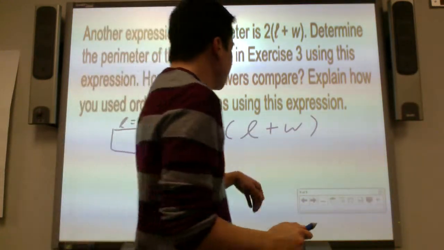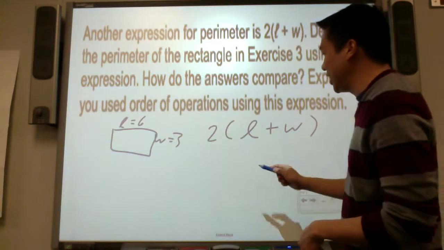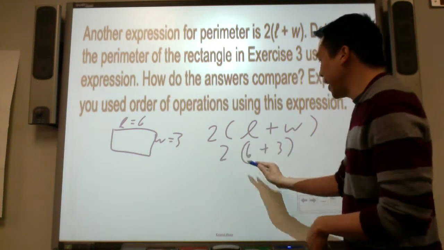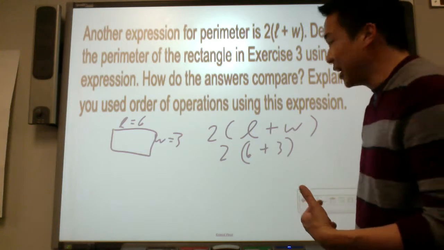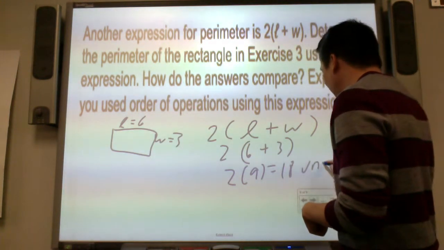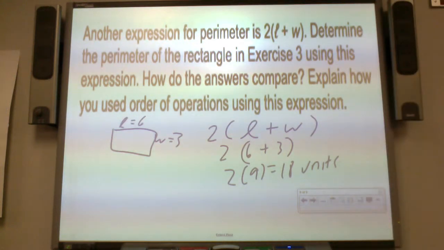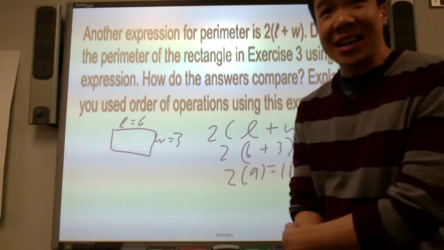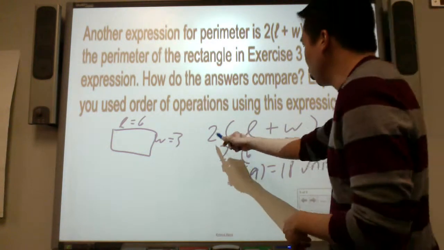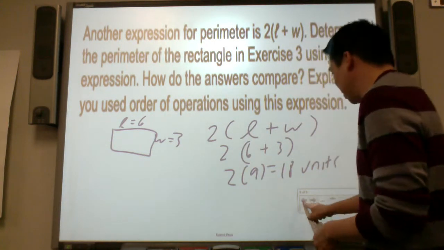So if I substituted each letter with these numbers, 6 plus 3, what would the perimeter be now? Will it be the exact same answer? Yes, it will. 2 groups of 9 is 18 units. So the question is, how did the answers compare? They are the exact same answer. They are equivalent.